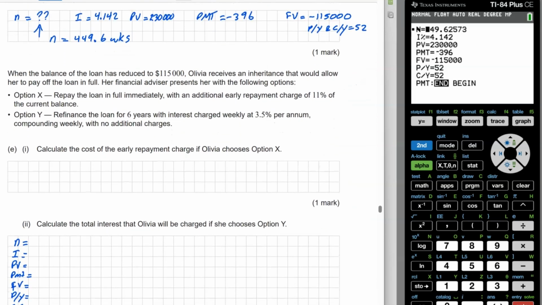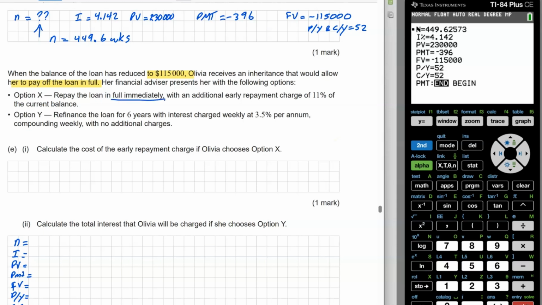Okay, now we have to consider the next little scenario. So when the balance of the loan is reduced, so we've got down to 115,000, we get an inheritance which allows her to pay off the loan in full. However, there's still going to be 2 options to consider here as to which option is really better. So option X is we can repay everything in full.